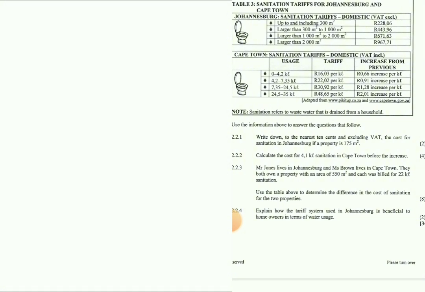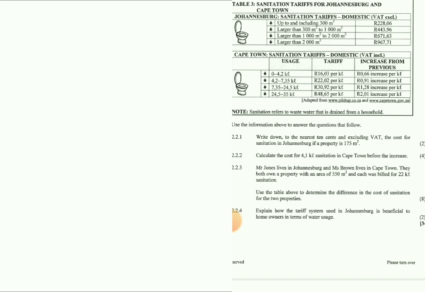Then we say 3.15 KL multiplied by 22.02. Then we get the answer 69.36. And then we say 14.65 KL multiplied by 30.92. Then we get the answer 452.98.